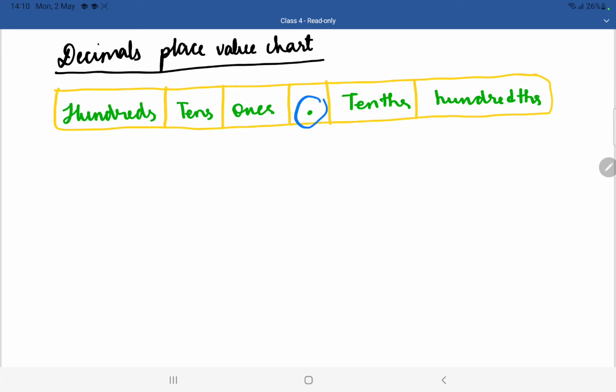Whereas after the decimal point, in the decimal part, we have tenths, hundredths, thousandths. Here it is tens, here you have tenths. THs will be added at the end of the decimal part. This is the decimals place value chart, which is very, very important.